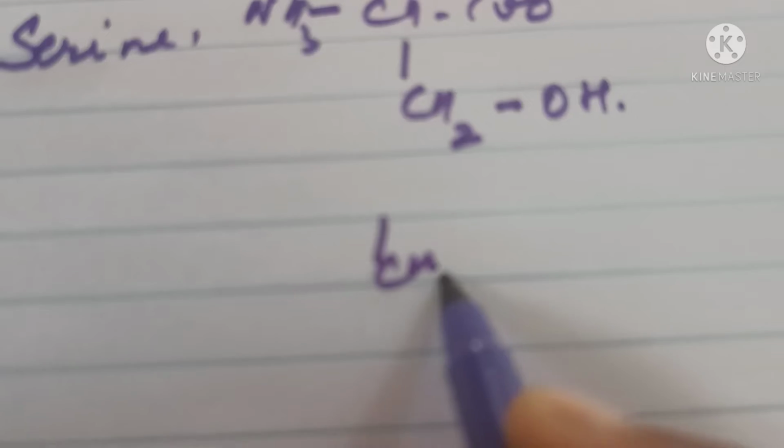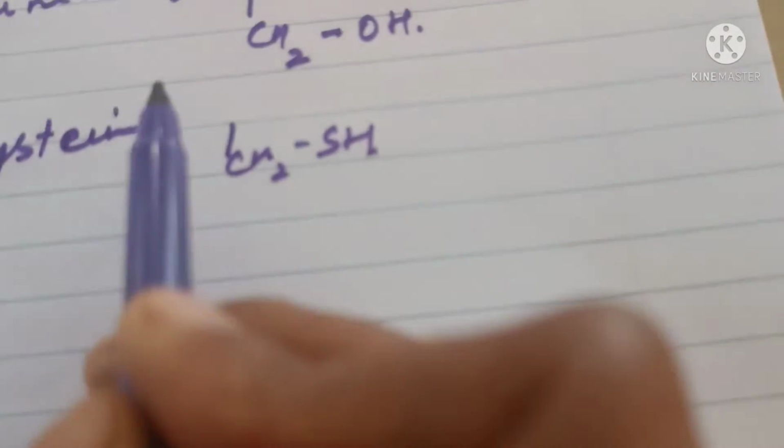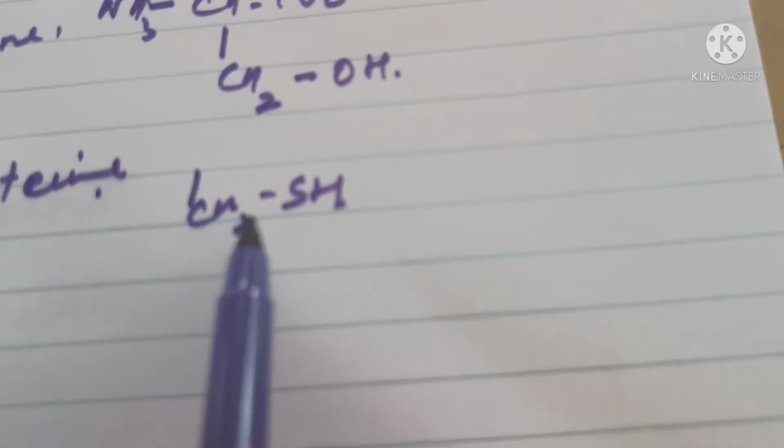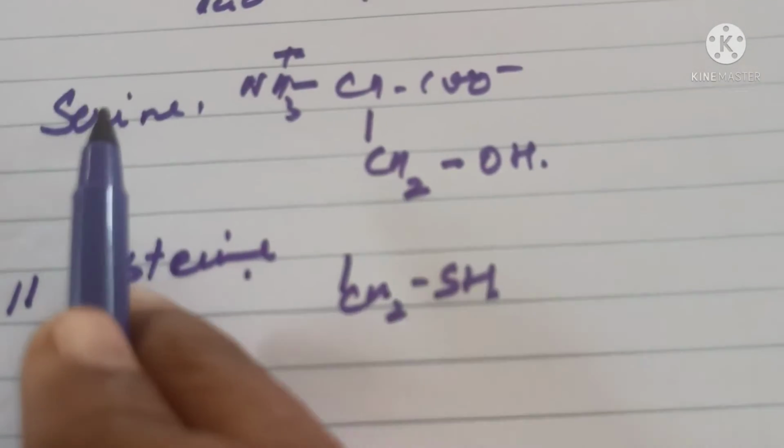And if we replace it with CH2SH, then we get the amino acid cysteine. Amino acid number 11 is cysteine.